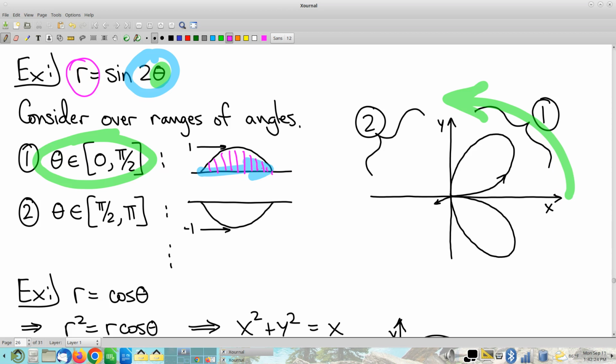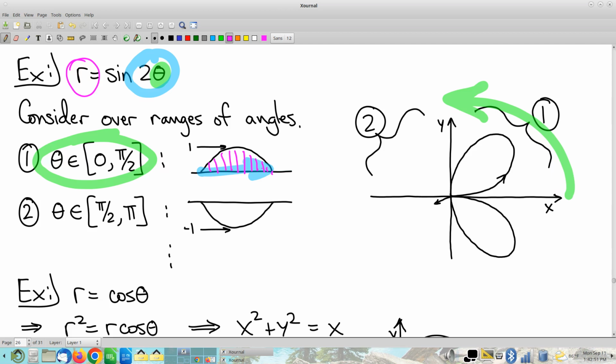Starts at 0, goes up to 1, comes back down to 0. So this is your little guide of what values to use for r as theta is ranging from 0 to pi over 2. Keeping in mind, as my direction goes from here to here, my distances are going to start at 0, then increase up to 1, and then go back down to 0.